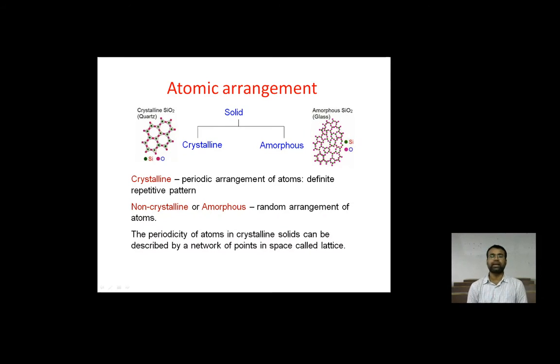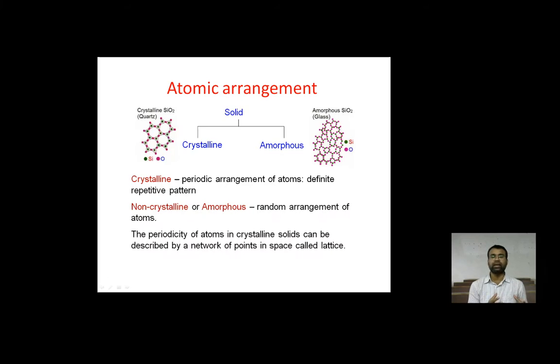If we take the example of only solids, they are categorized as crystalline and amorphous. These are the two basic atomic arrangements. As you can see from the figure, the crystalline is a well-ordered structure and the amorphous is not, and that leads to particular kinds of properties.